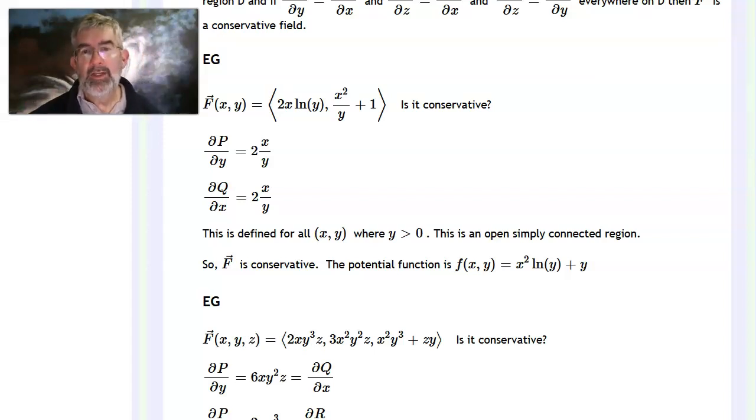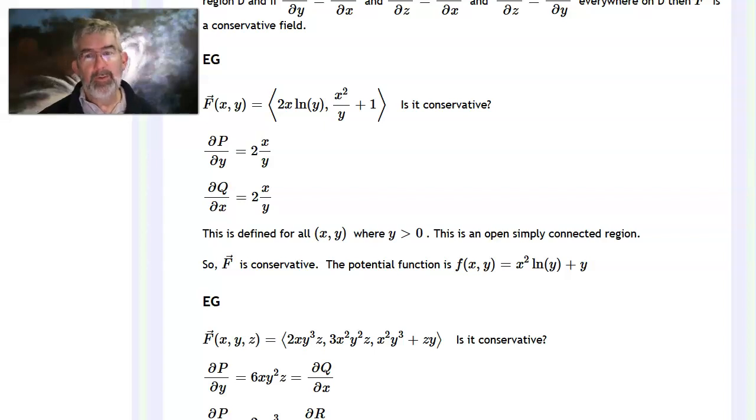I look at where this thing is defined. I can't divide by 0, so it's not defined along the x-axis. And the input to natural log has to be strictly positive. So this is defined for all (x, y) above the x-axis, the top half of the plane. That is an open, simply connected region.